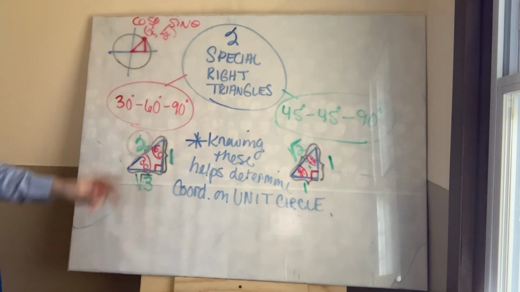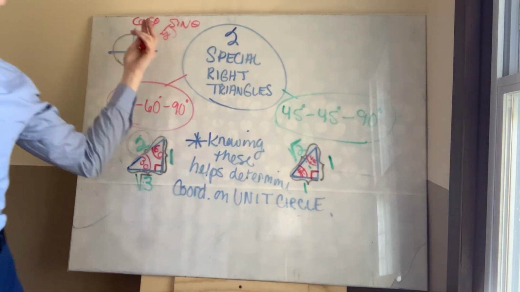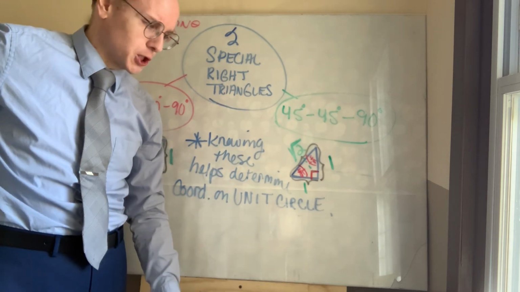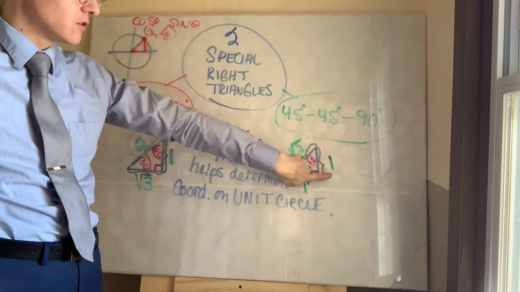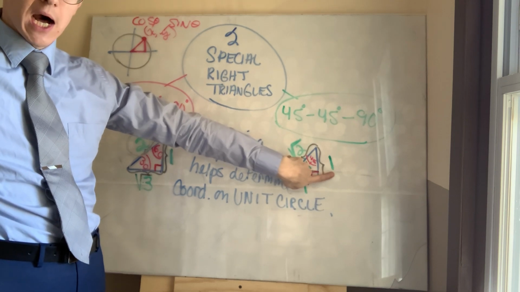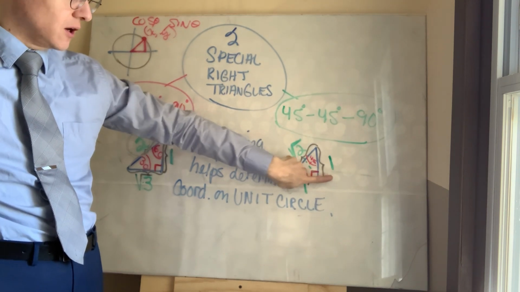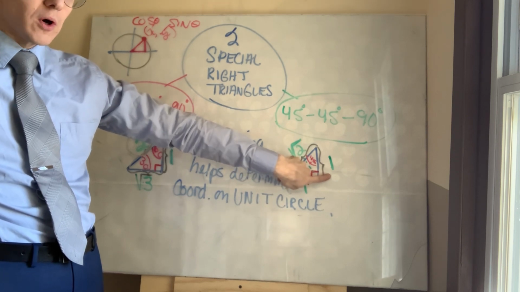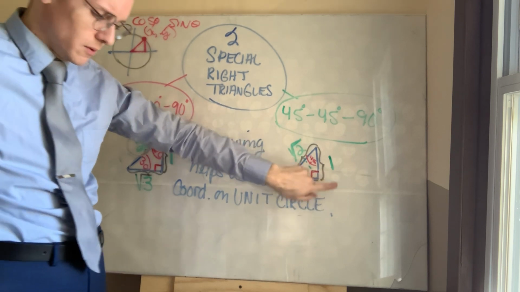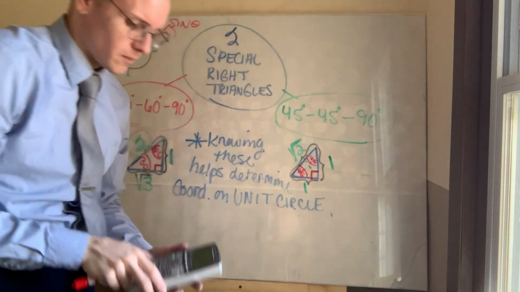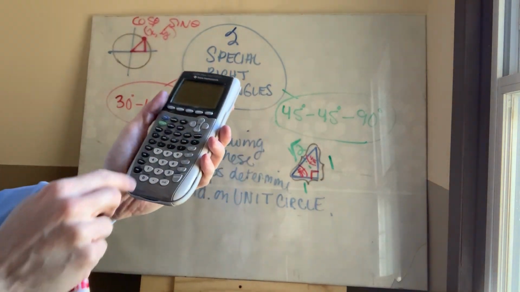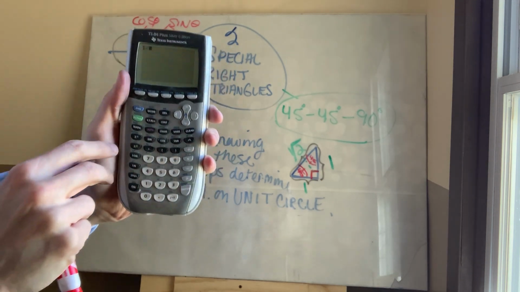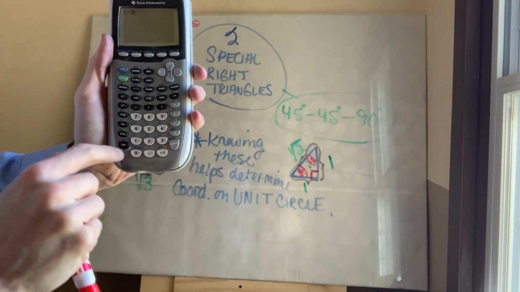All right, anyhow, remember what cosine and sine are, they're ratios, right? So if you had a ratio of these dimensions for sine, which is opposite of 45 over the hypotenuse, you're going to naturally get a decimal number. Just to show you, 1 divided by the square root of 2.